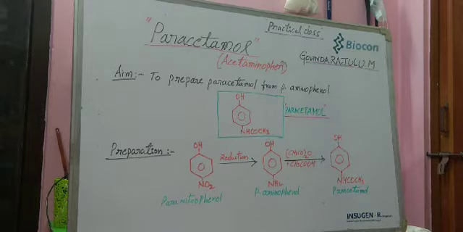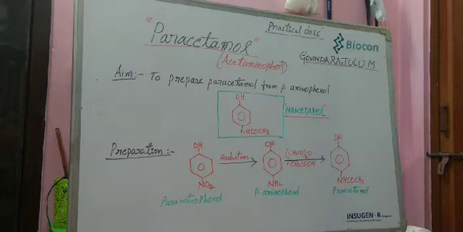Administration of acetaminophen to patients with moderate to severe renal impairment may result in an accumulation of acetaminophen conjugates. So, paracetamol lowers the body temperature in patients mainly.